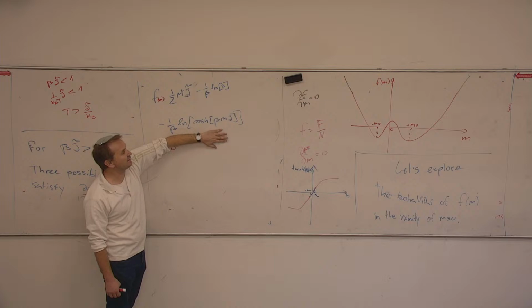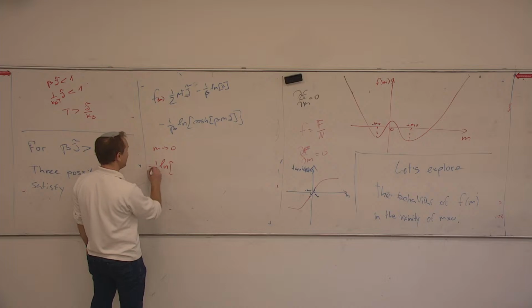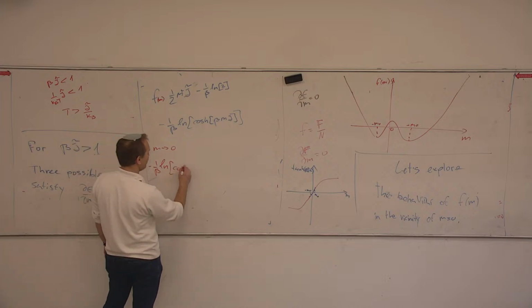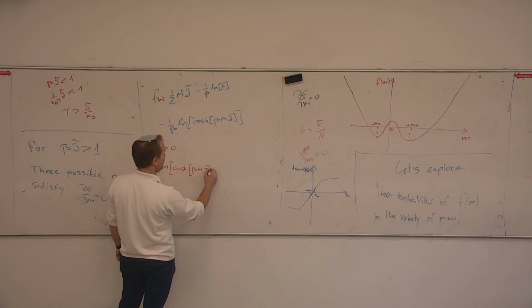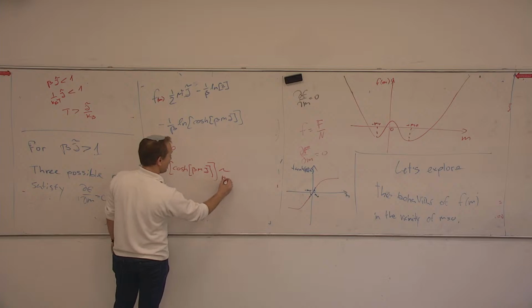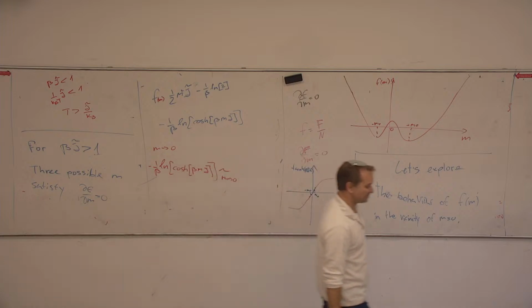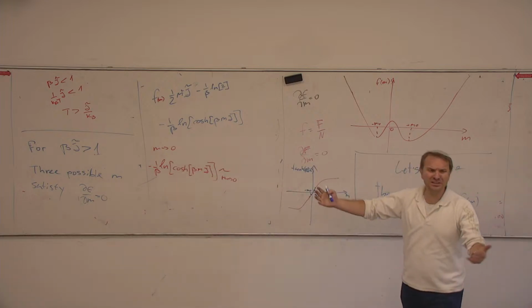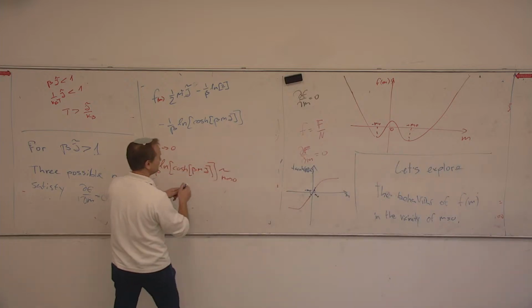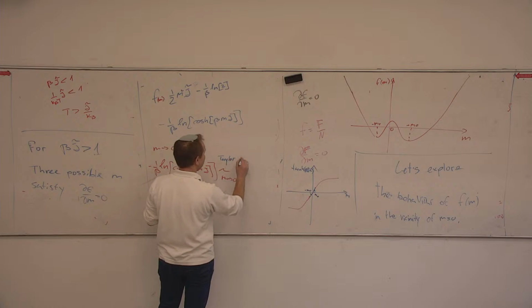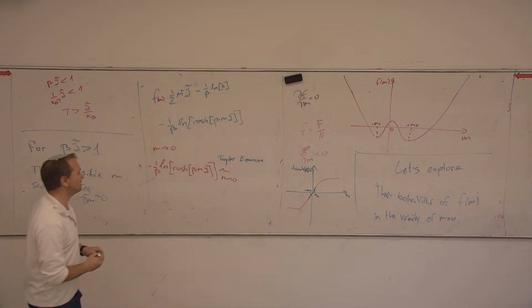So the only thing that I need is to explore how minus 1 over beta log of hyperbolic cosine of beta m j tilde behaves in the m goes to 0 limit. So I'm using a Taylor expansion of this term.